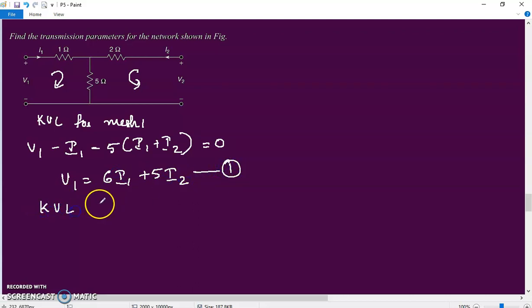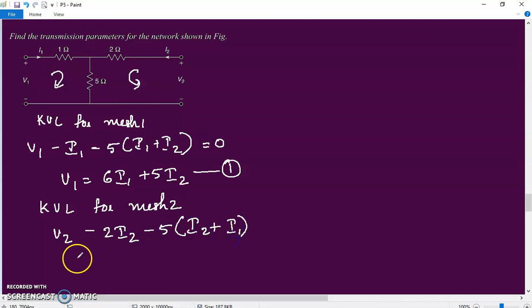Now KVL for mesh 2: V2 minus 2I2 minus 5 into (I2 plus I1) is equal to 0. That is V2 is equal to 7I2 plus 5I1.